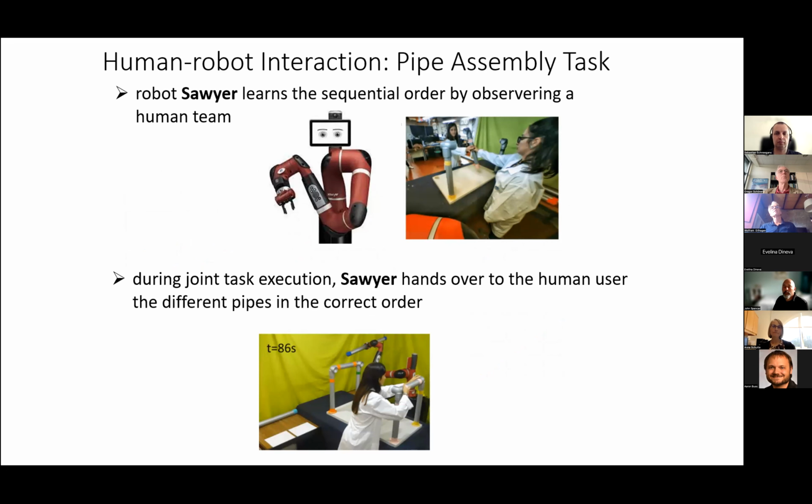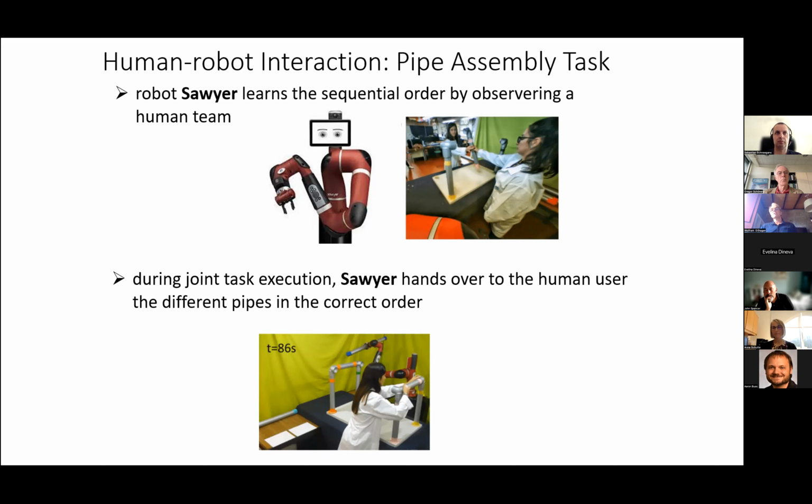You see the human team assembling this pipe ensemble. One is the giver, the other is the receiver, who also mounts the parts doing the assembly work. The robot will then substitute the giver and try to do it in the correct order. During joint action execution, the robot hands over to the human user the different pipes in the correct order.